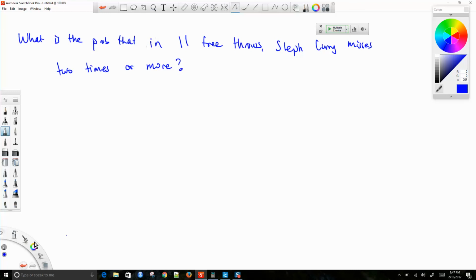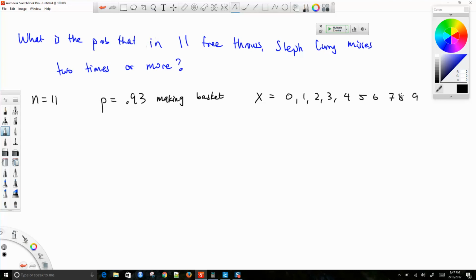In this scenario, we would have to figure out, if n is 11, and p is making the basket with 0.93, then our x is technically 0, 1, 2, 3, 4, 5, 6, 7, 8, 9, right?